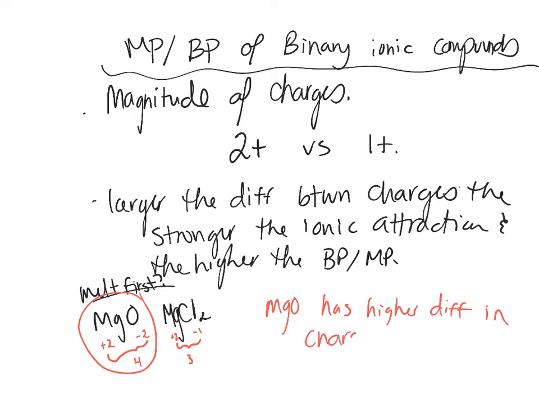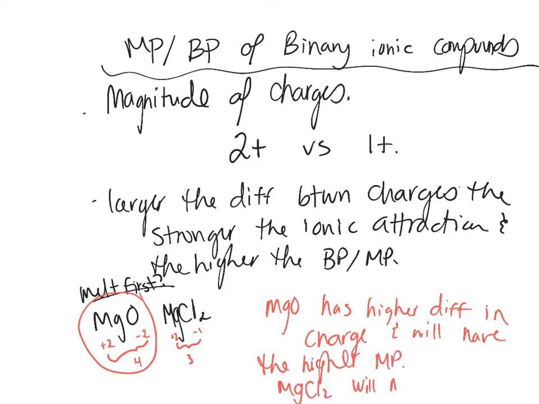This is not electronegativity, it's just charge, and will have the higher melting point. Therefore, MgCl2 will melt first, or lower.